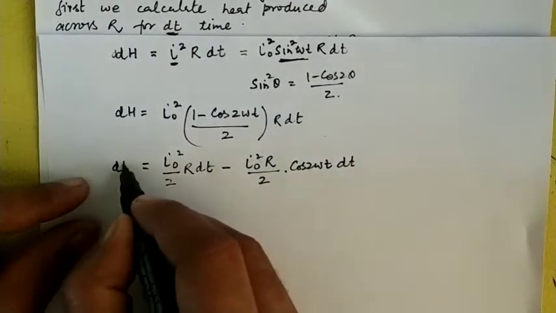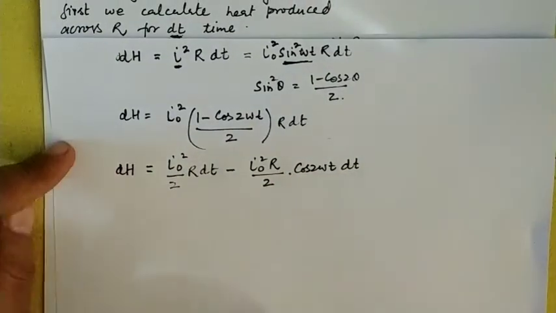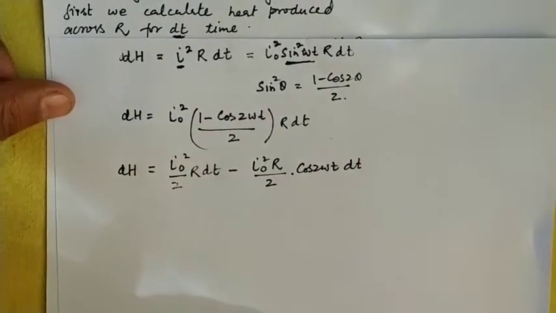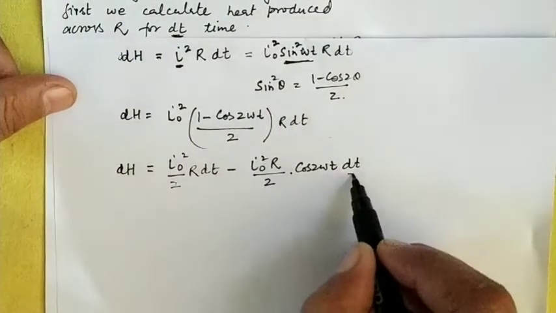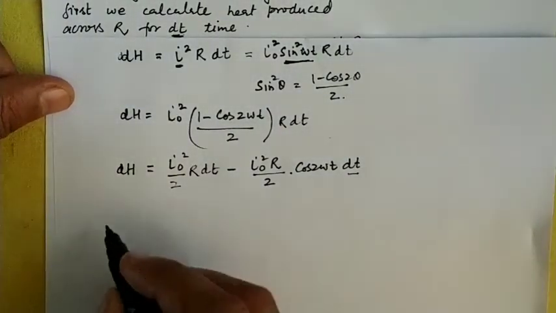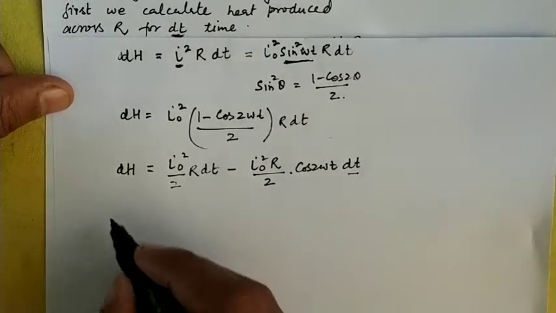So this is the small amount of heat produced when AC is fed across R for a small interval of time dt. But I want to calculate the total amount of heat.